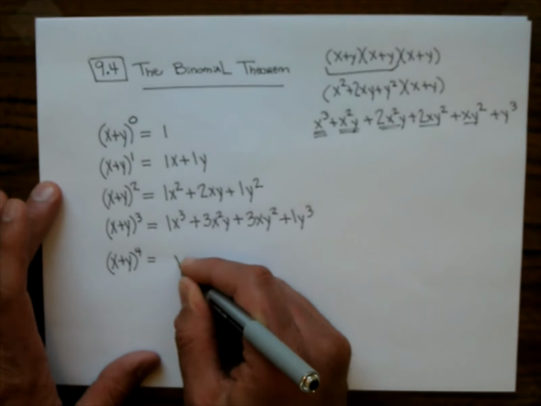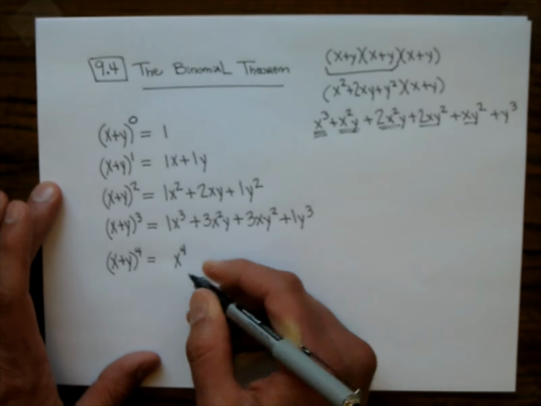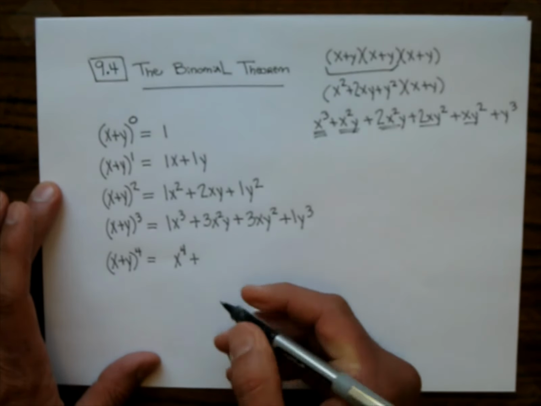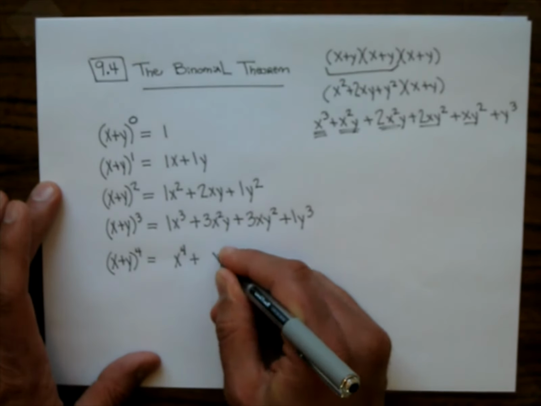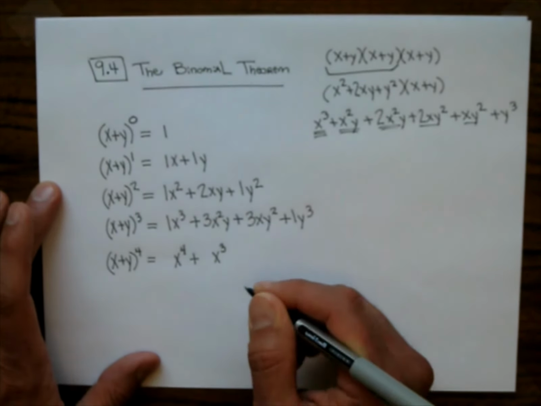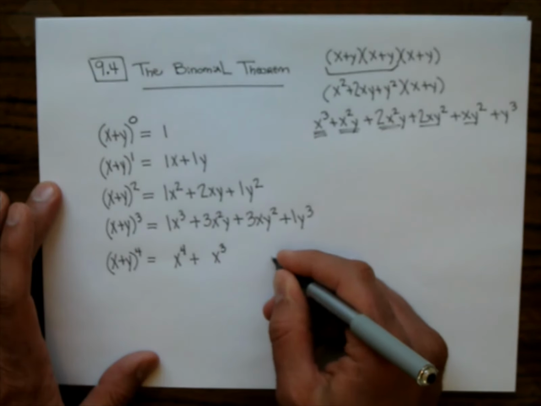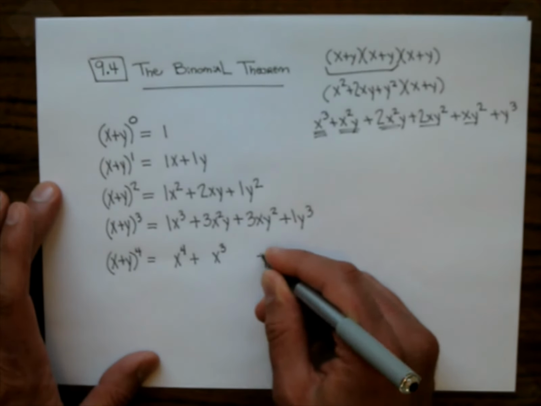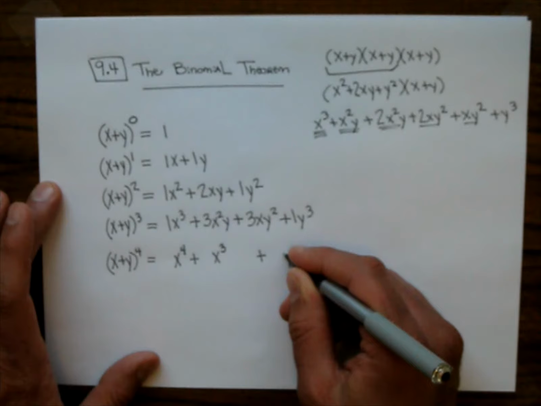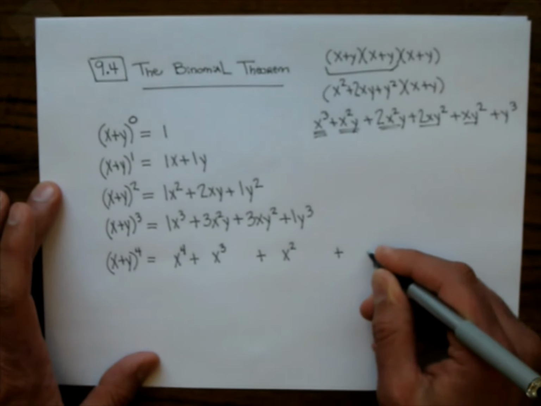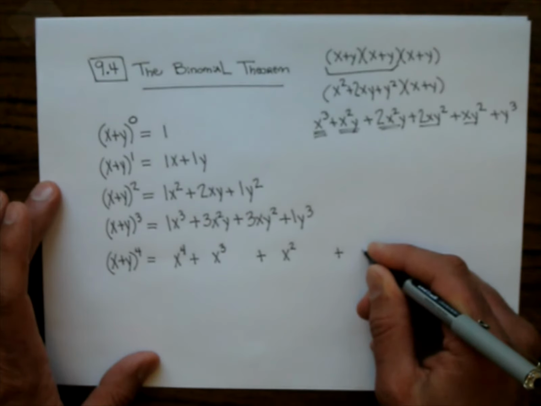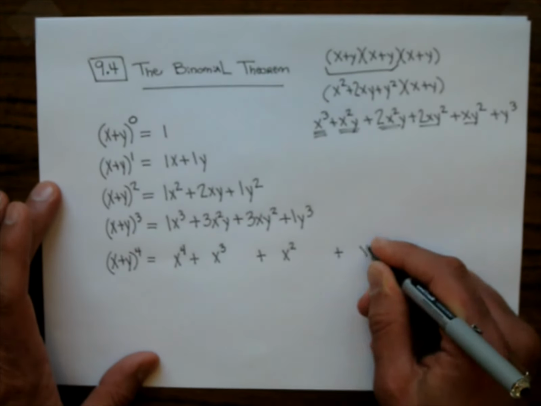That's exactly what's going to happen here. You're going to have an x to the 4th plus. Now there's going to be some coefficients, the 1, 3, and etc. X cubed, and then we have x squared, we have x to the 1, so I'll just go x.